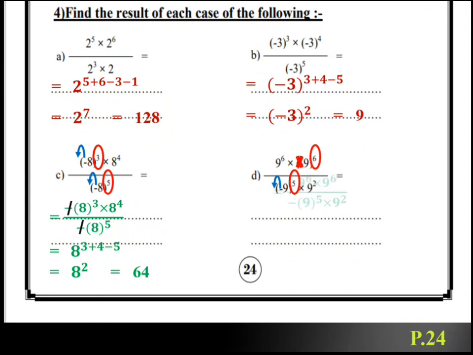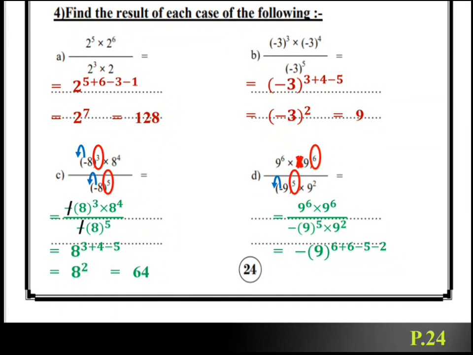So it will be 9 power 6 times 9 power 6 over negative open bracket 9 close the bracket power 5 times 9 power 2. And we can write it as negative open the bracket, put 9 and close the bracket, and put all the powers up with the addition sign and the powers down with the subtraction sign, because it's after the over or after the division sign.